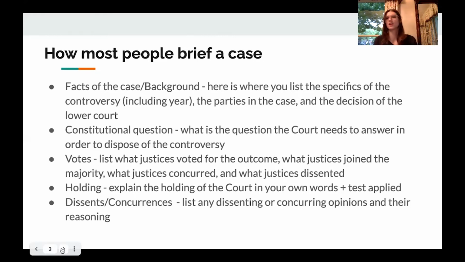If there's a lot of dissent or a lot of concurrence, that means that the justices are not all settled on this one specific portion of law. So it matters. The holding of the court, just what they decided in the case. And lastly, your disagreements, your dissents, and your concurrences.